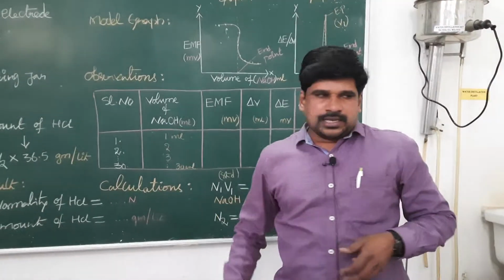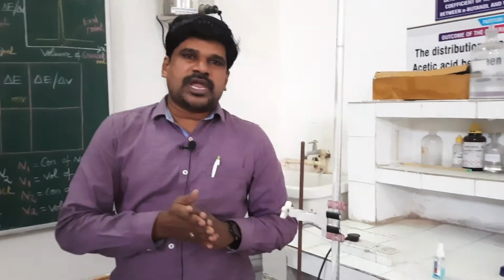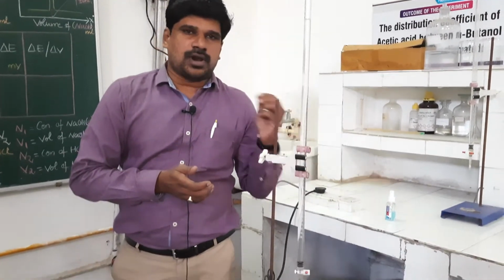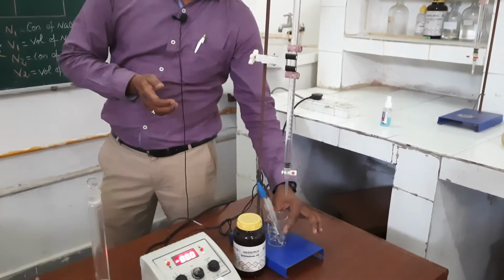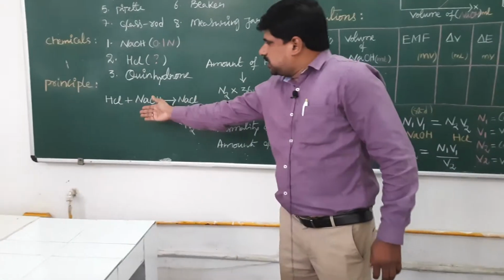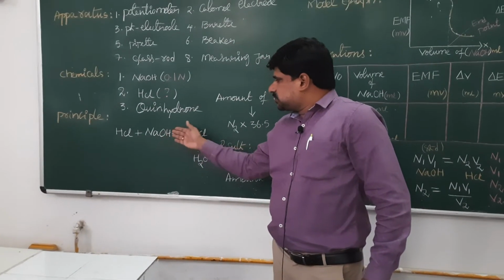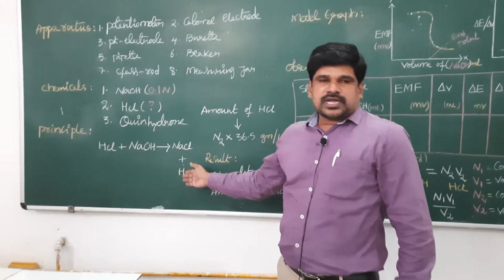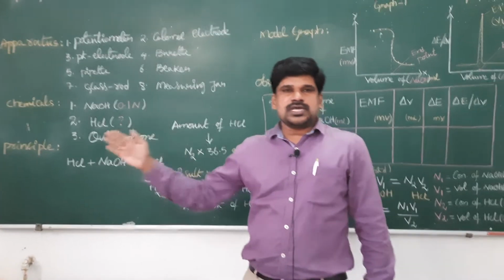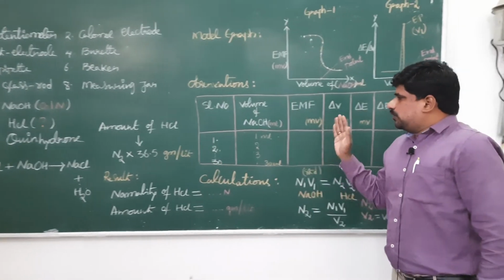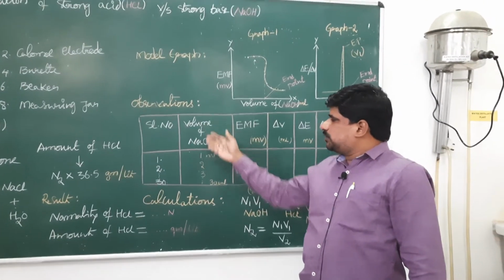We have to take 30 readings by adding the sodium hydroxide from the burette. The reaction that takes place is that HCl reacts with sodium hydroxide to form NaCl and water. On adding sodium hydroxide to the HCl solution, you get an EMF value for each ml of sodium hydroxide.